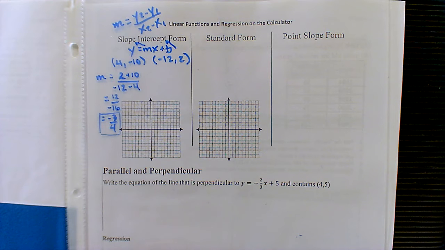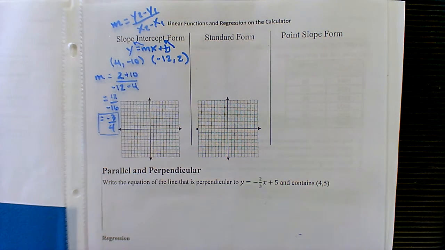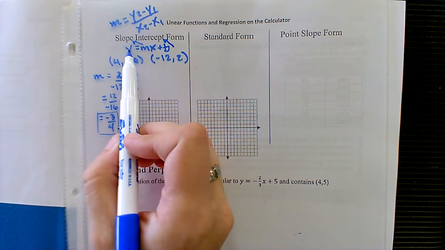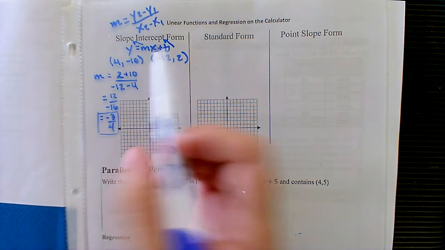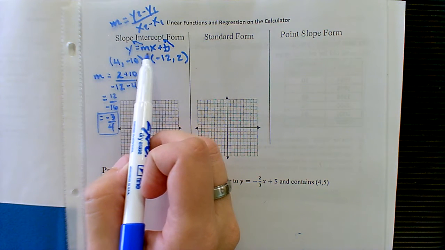Now how can we use that to find the b value? How can we start to write our equation? You take one of the points and plug it in for y and x, and then take the slope and plug it in. Perfect. It doesn't matter which point. But remember, if you have a point, you have an x value and its related y value. So we could easily plug that information in for the x and the y. We just figured out what the m is.